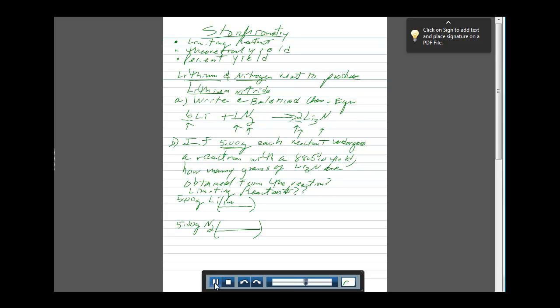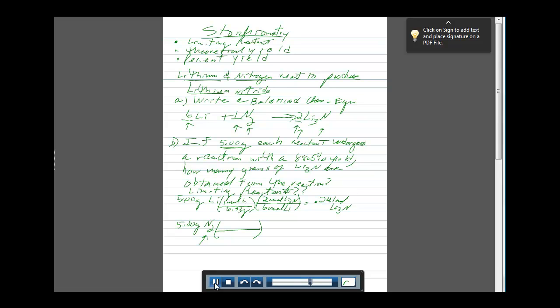And so for every 1 mole of lithium, I have 6.93 grams, and of course from the balanced chemical equation, when I compare the moles of lithium, which are 6, to the moles of Li3N, I end up with a 2 to 6 ratio, and when I go through the number crunching, I get 0.241 moles of lithium nitride.